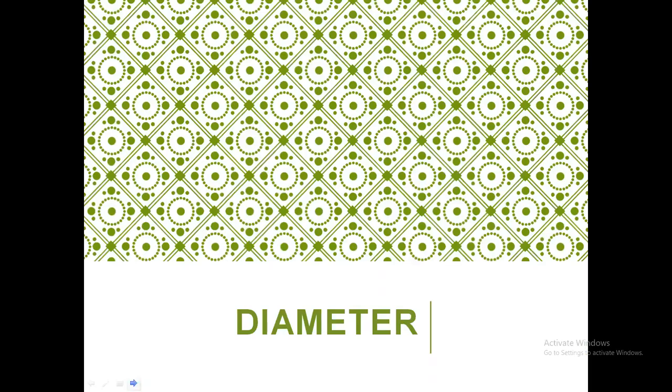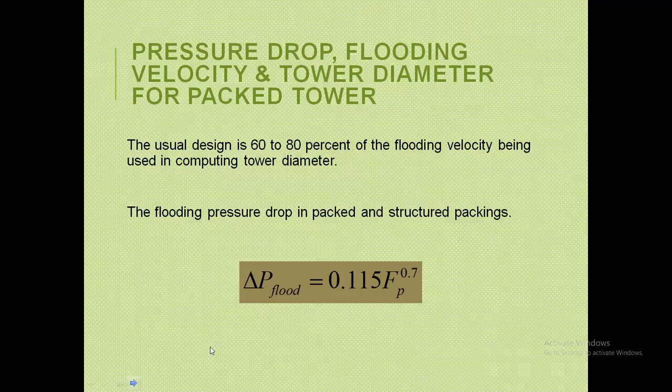Now, for determining the diameter of the column, you need to know the pressure drop at flooding condition. So when do we say that your column is flooded? Your column is flooded when all of your streams are going to leave the continuous phase outlet. So if the continuous phase outlet is the gas phase, it's going to leave the top of the column.